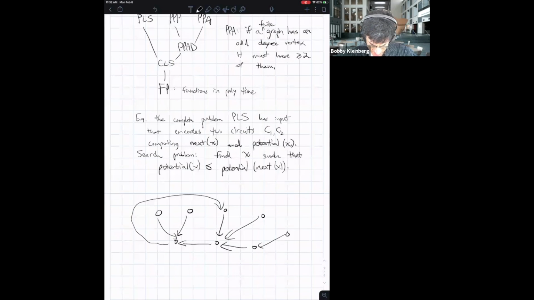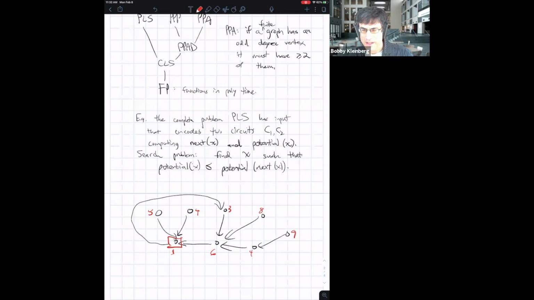C1 defines the arrows in this diagram. C2 defines a number at every node. And we're trying to find any local minimum, a point at which the value written there is less than or equal to the value at the node that is being pointed to.